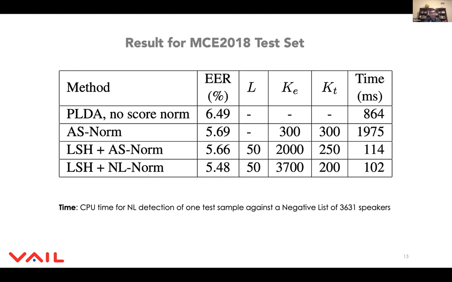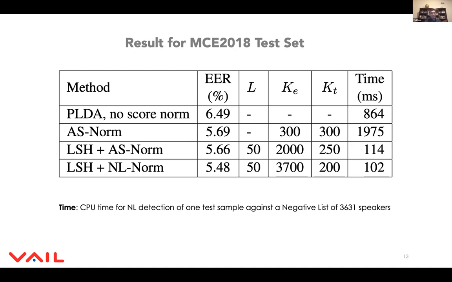The first one is the EER, the equal error rate. That is a metric commonly used for speaker recognition, and in this case, negative list detection. It measures the error of the negative list detection, so the lower the rate, the better.